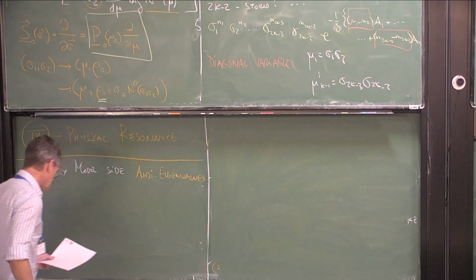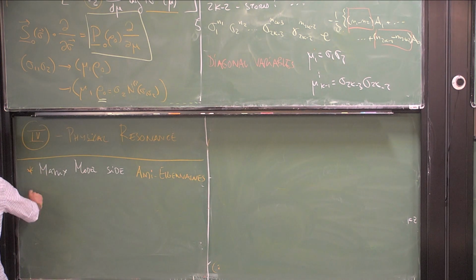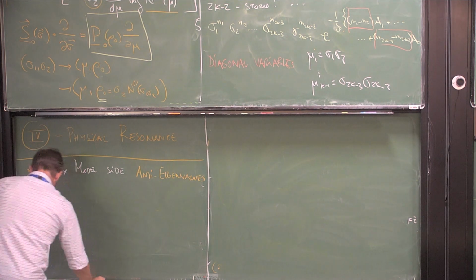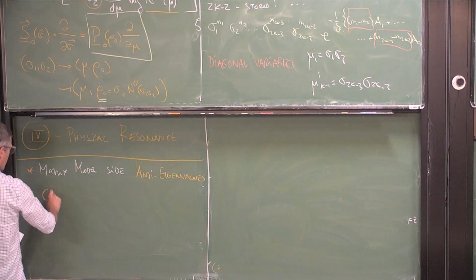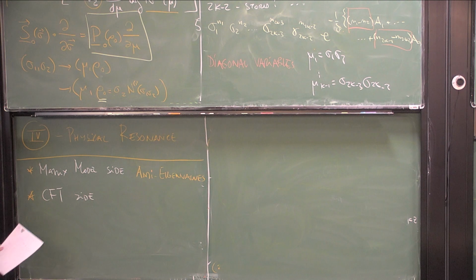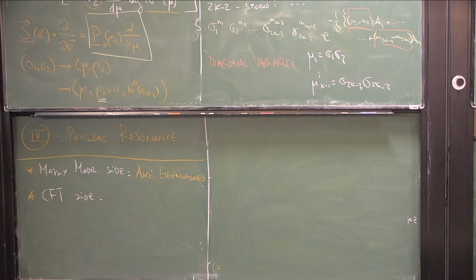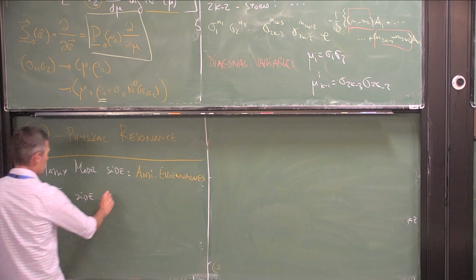And I'll make a picture about that in a second. But there's also another explanation from the conformal field theory point of view, or maybe I should say from the boundary conformal field theory point of view. And it's the analog of anti-eigenvalues, which are negative tension difference.